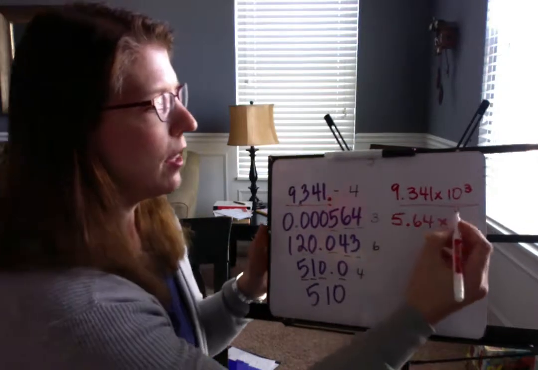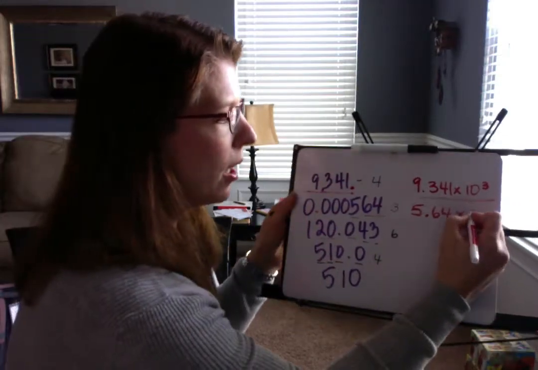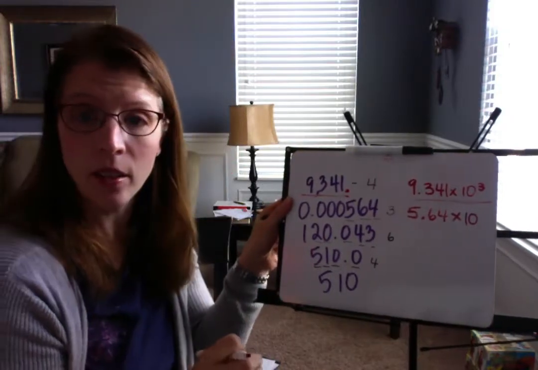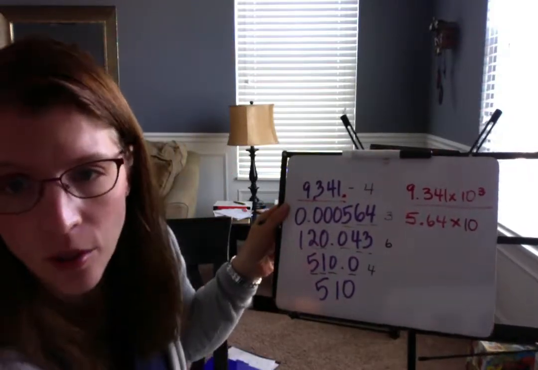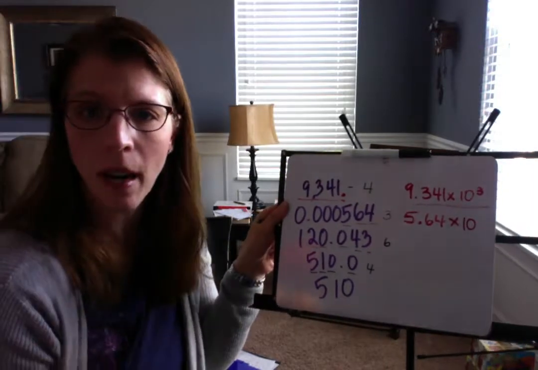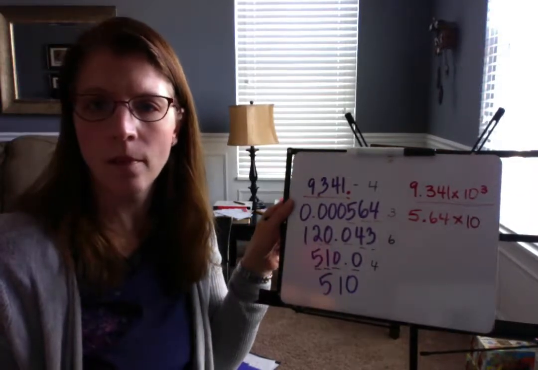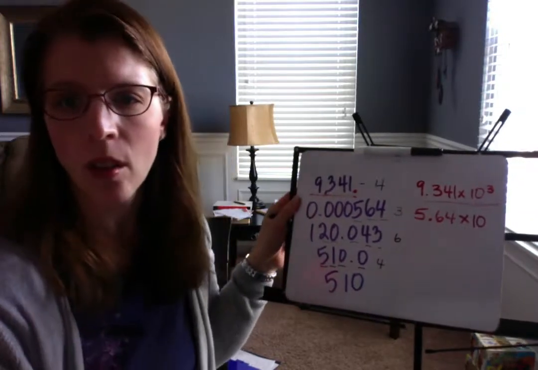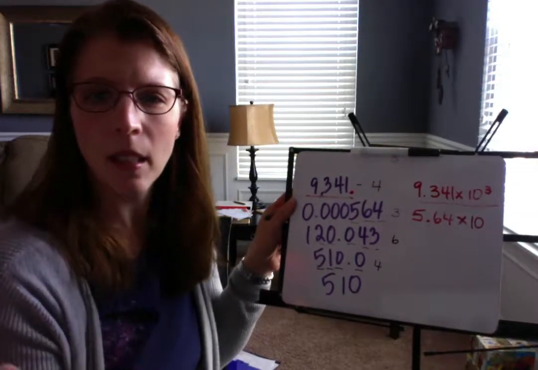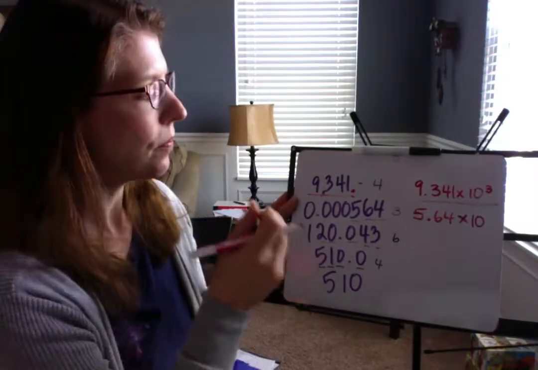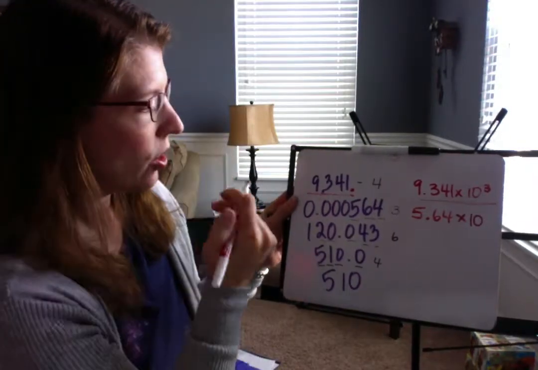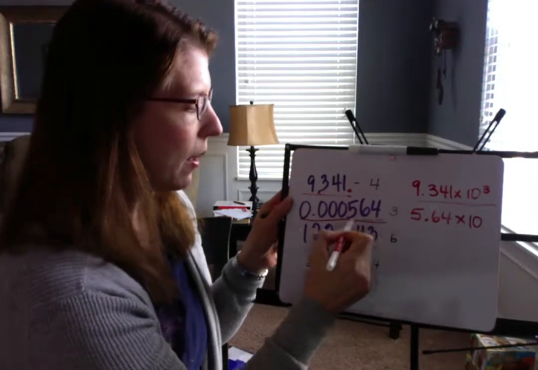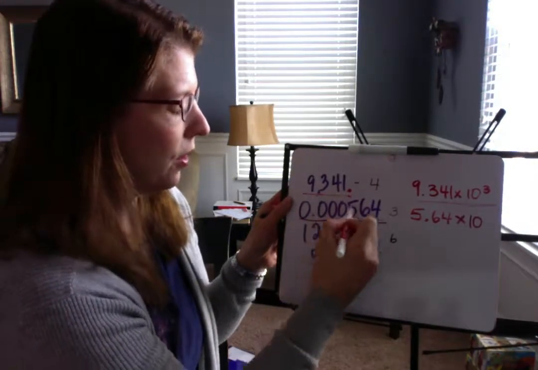So times 10 to what? Remember, we want to end up with the same value. Now, this is a very tiny number. So let's say it's the number of grams in this sample of sodium chloride or something like that. A really tiny amount. So I need to multiply by something that's going to mean the same thing as 0.000564.